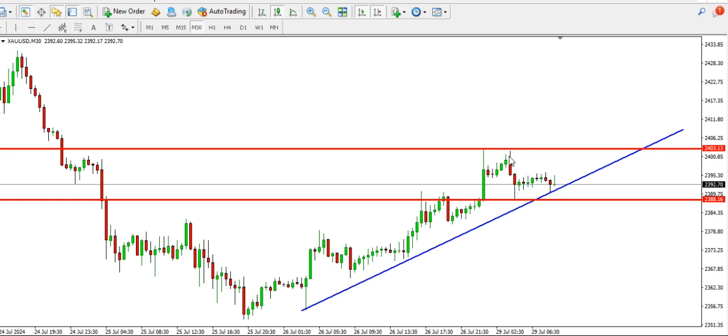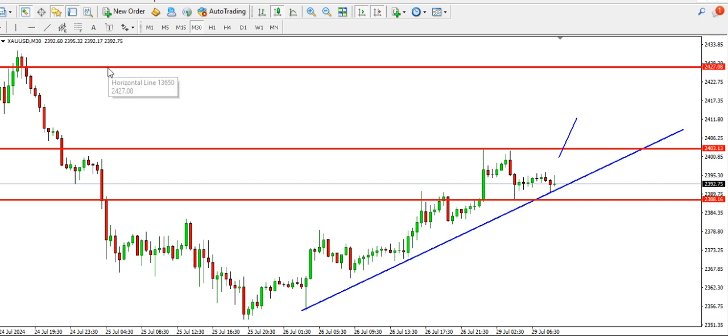We have the range top at 2403 and the range bottom at 2388. Whatever happens, either price breaks to the top and continues to this particular order block at 2427, or price breaks down.